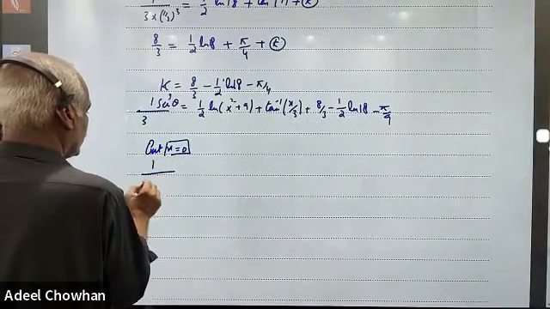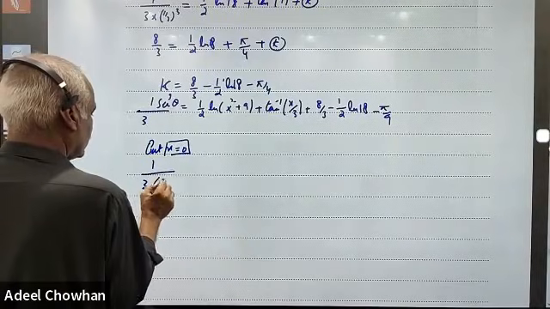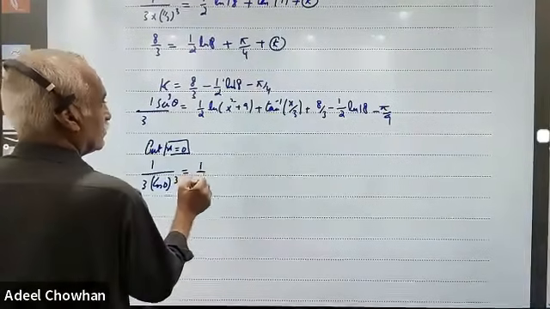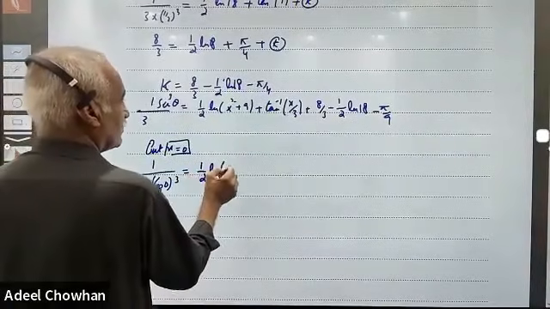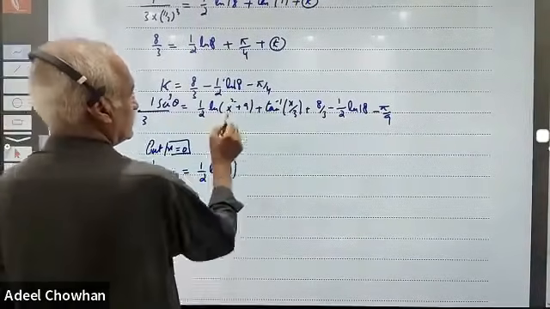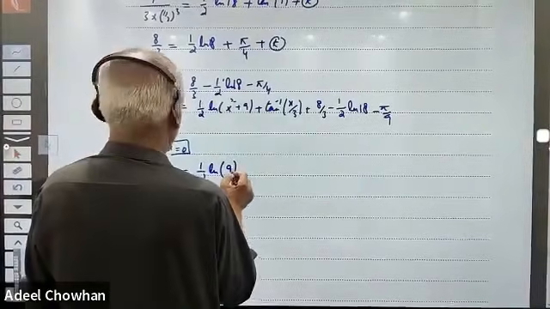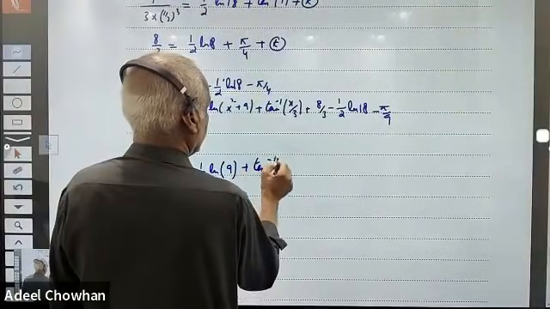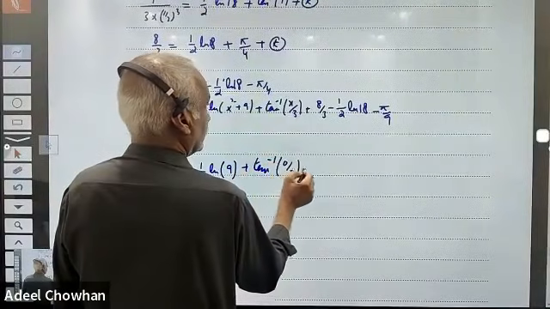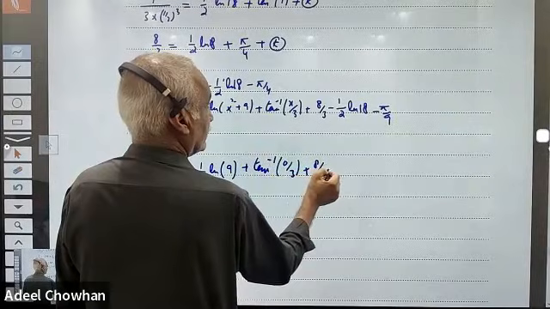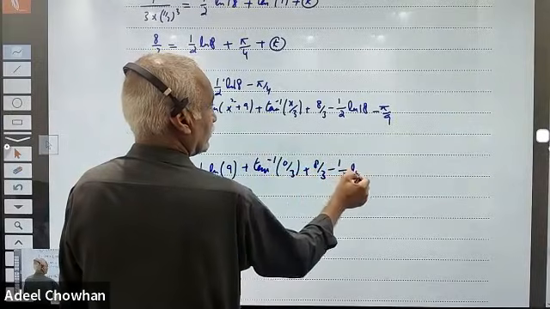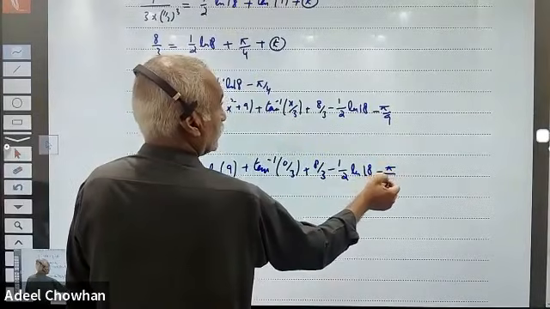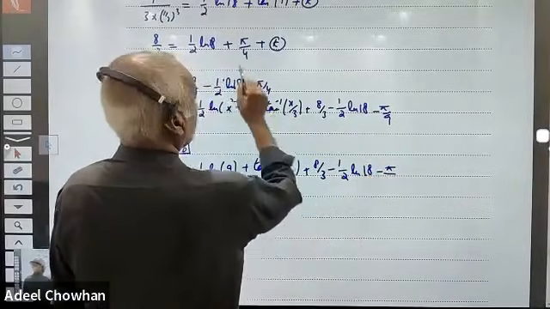So it is 1 over 3 cos of 0 whole cube is equal to 1 over 2 log of (0 plus 9) plus tangent inverse of 0 over 3 plus 8 over 3 minus 1 over 2 log of 18 minus pi over 4.